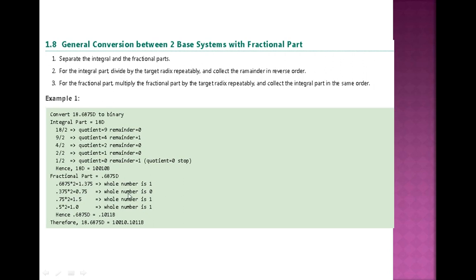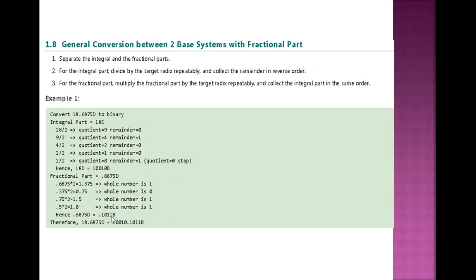This is 0.75, the whole number is 0. Again using the fractional part, 0.75 times 2 is 1.5, the whole number is 1. Again using only the fractional part, 0.5 times 2 is 1.0, so that is 1. So the output is 1011, from top to bottom.